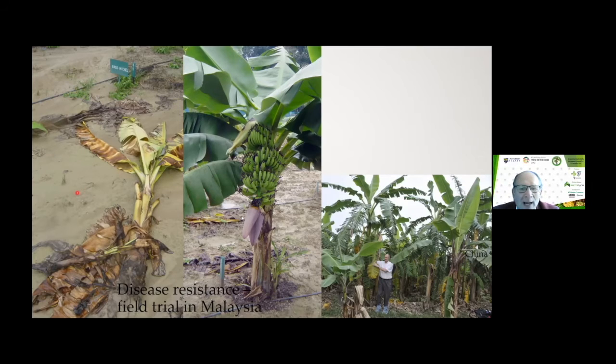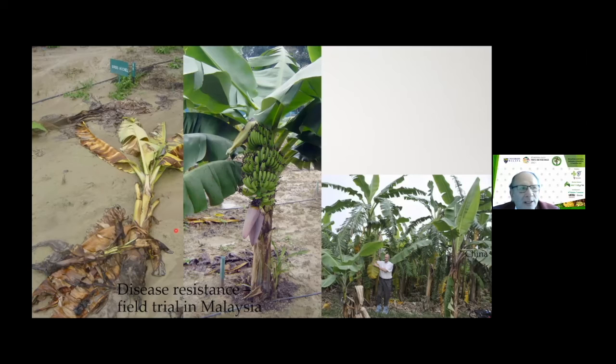If you do have too much grass around the banana plants, then the allelochemicals will be fighting against the bananas, and therefore the production will go down. So maybe we need to consider the whole of the production, the whole of the sustainability of the field production. And then on the right in China, we can see the tropical race 4 effects on the banana.